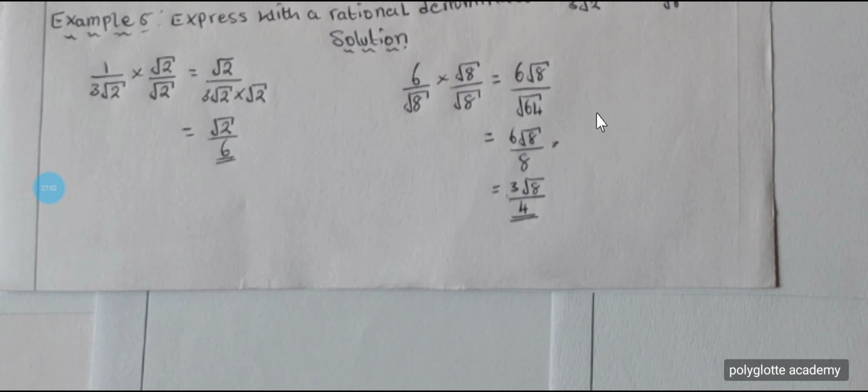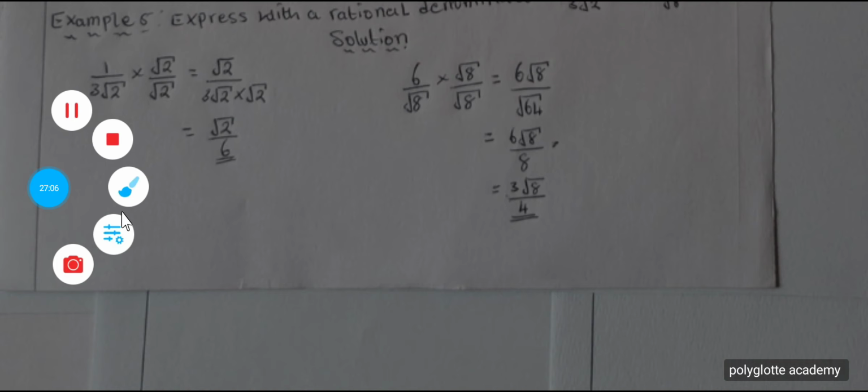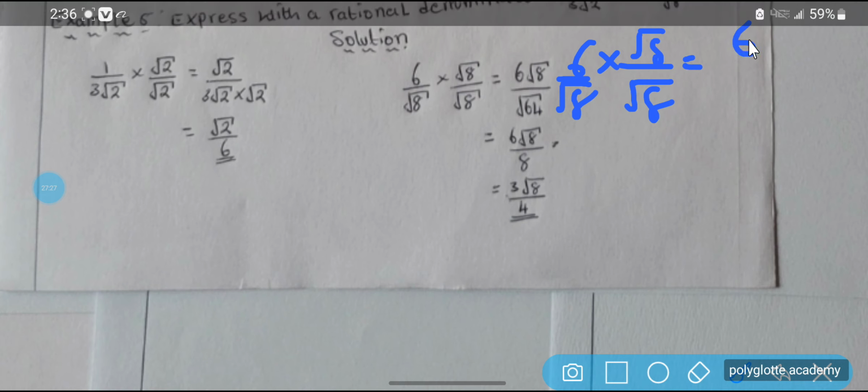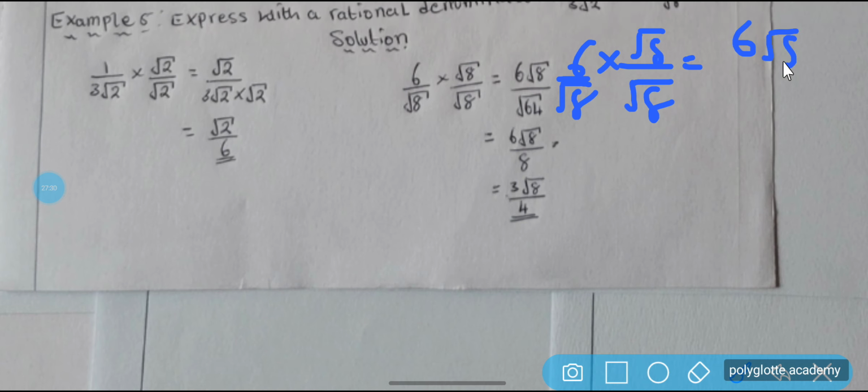So let's resolve this one. 6 all over root 8. So multiply top and bottom by root 8. So we have here 6 root 8 divided by root 64.